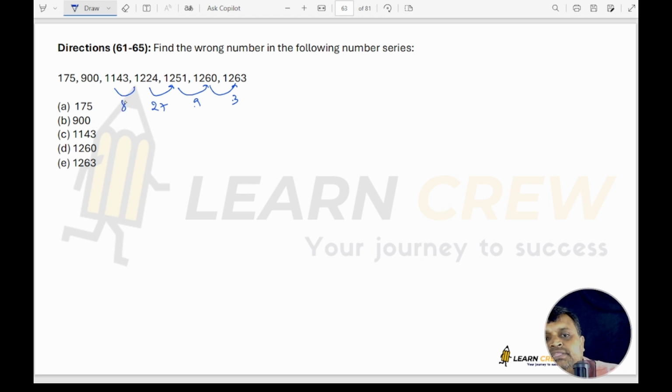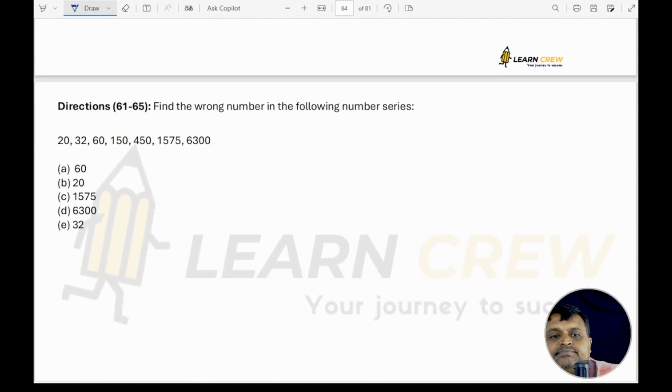So it is 81, it is 243, and 3 times that is 729. So where is it not satisfying? Check. 900 plus 243 is 1143, correct. But 900 minus 729 is 171. So the wrong number is 175, option A.